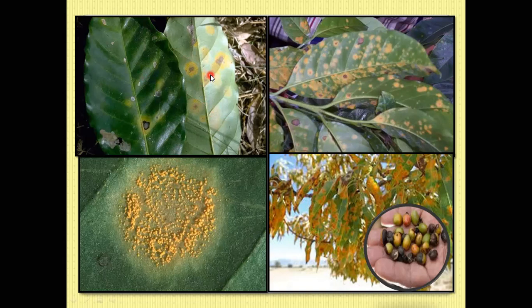These lesions or sori emerge through the stomata. A number of sorus bodies are produced through a stoma, and this becomes visible as yellow chlorotic spots.